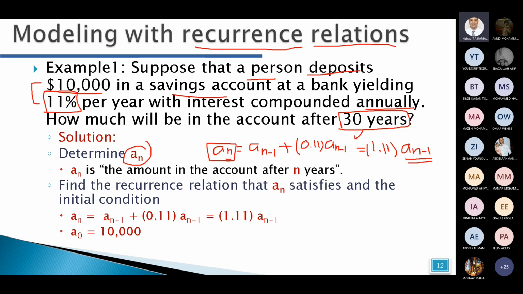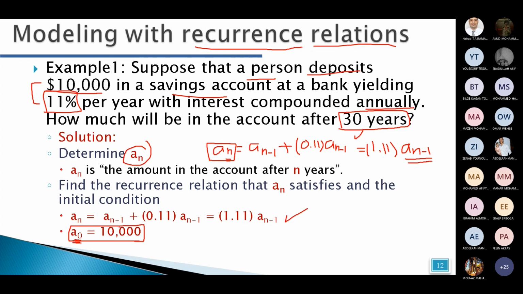So this is a recurrence relation, and any recurrence relation needs an initial condition. What's the initial condition? A naught, year zero, before you get any money as interest, you put in 10,000. So A naught equals 10,000.